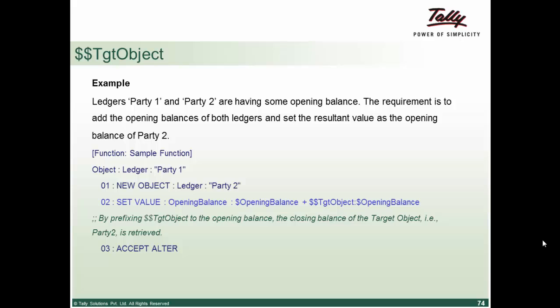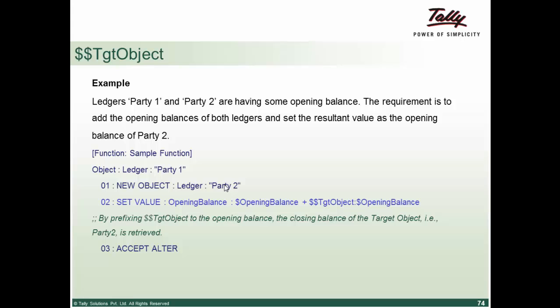So what we have done is, when we say new object party 2 and when I say $opening balance, this retrieves my opening balance from party 1, and TGT opening balance gets the opening balance from party 2.